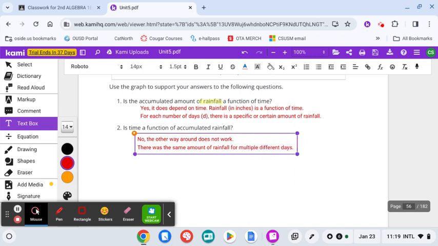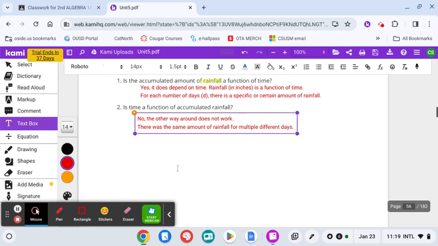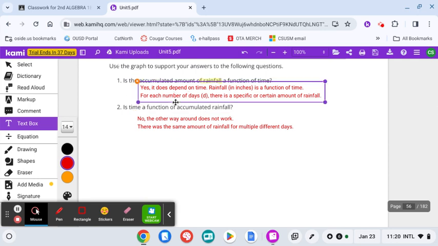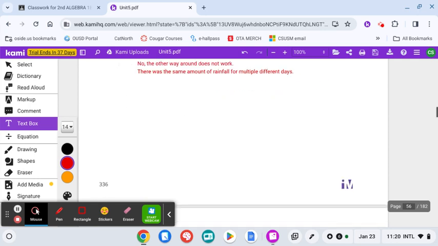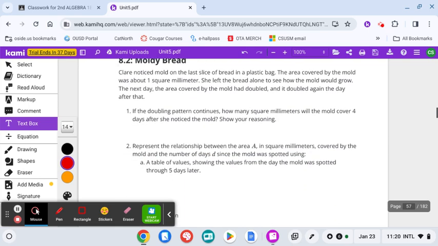So it doesn't apply to say for every x there's only one y. Now for every input there are multiple outputs, and therefore it fails this concept of a function. So the first way was a function. The second way did not work, so it doesn't always work to reverse those inputs and outputs.